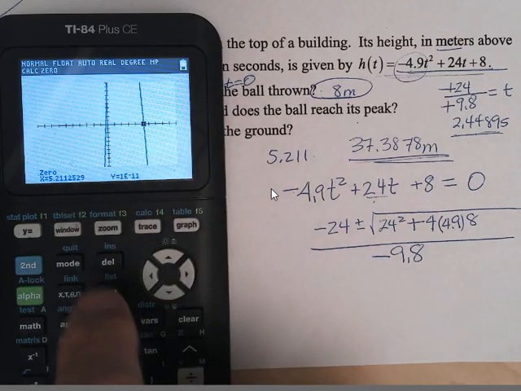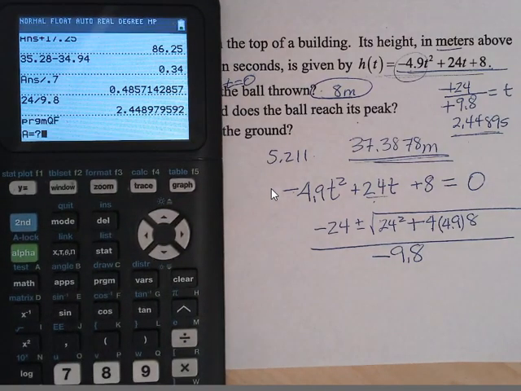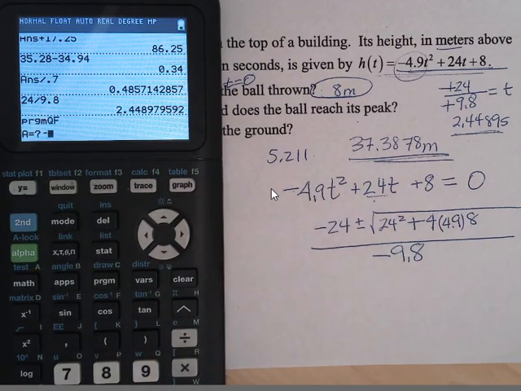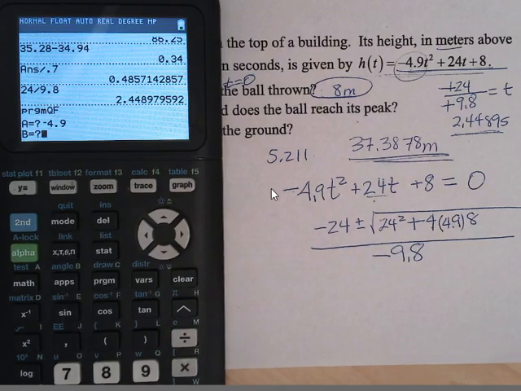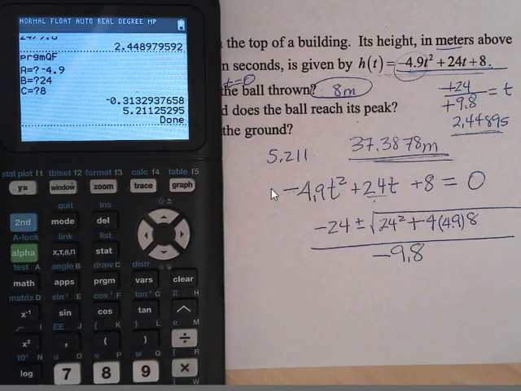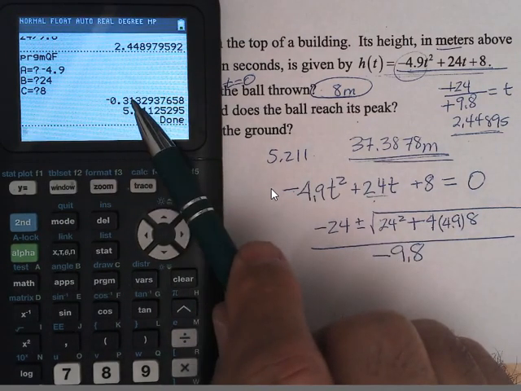But using the calculator, calculate the quadratic formula with a as negative 4.9, b as 24, and c as 8. It says it's at the ground before it was thrown.